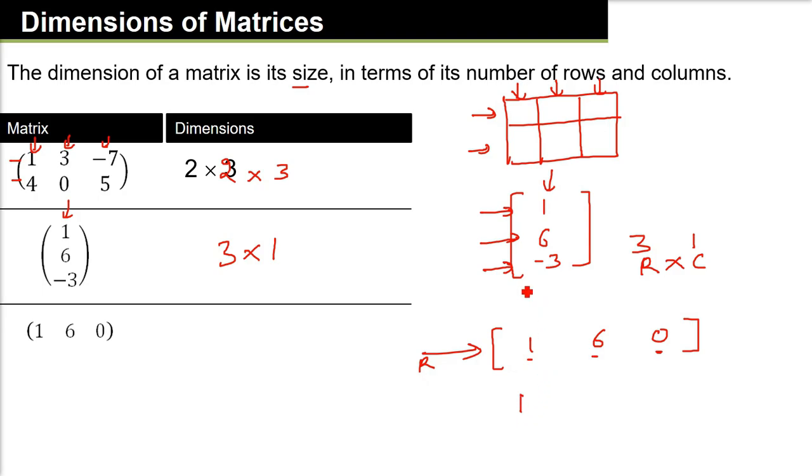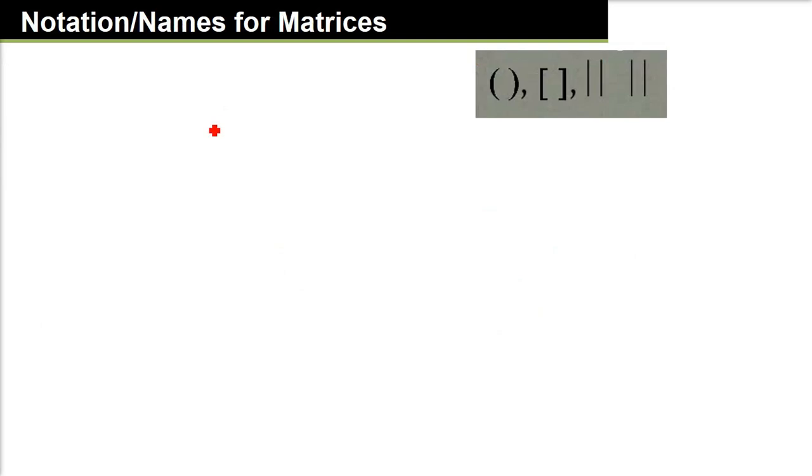When we write the dimension of this matrix, it will be 1 cross 3. So the middle one is the column matrix, the last one is the row matrix. What is the dimension of this last matrix, our row matrix? First you have to write the row, that is only 1 row, and then the column, so 1 cross 3.